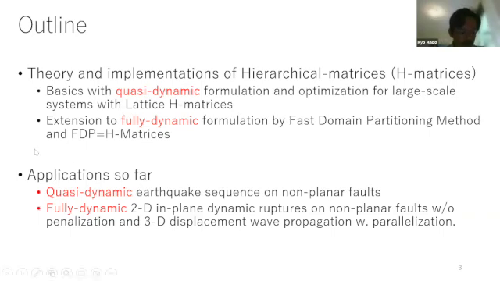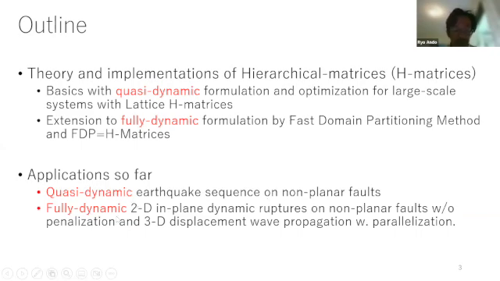Before talking details, I want to mention our current achievements and applications so far. For quasi-dynamic simulation, we could simulate earthquake sequences on non-planar faults.